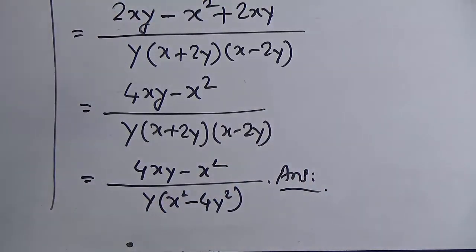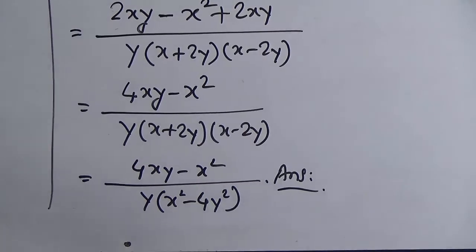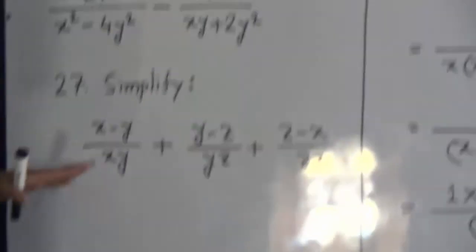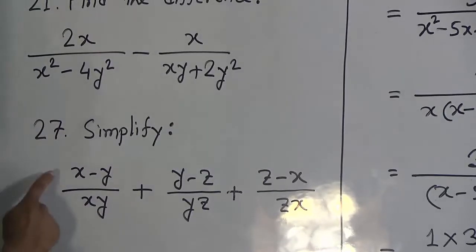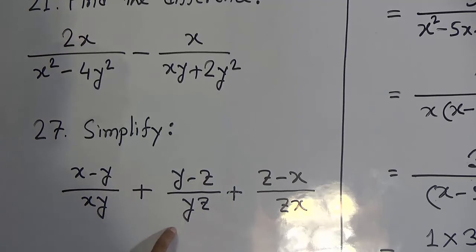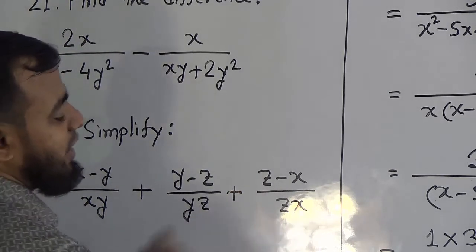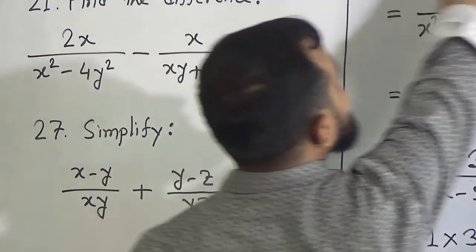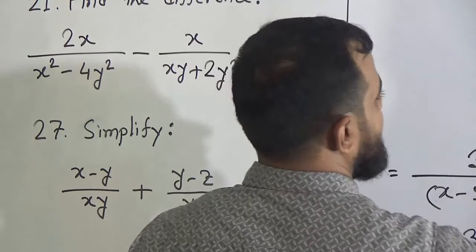Okay, now we'll solve the next problem, my dear students. The next problem is question number 27. Simplify this one: x minus y divided by xy, plus y minus z divided by xyz, plus z minus x divided by zx. We need to simplify this one. That's why I'm going to erase this number 15 question.